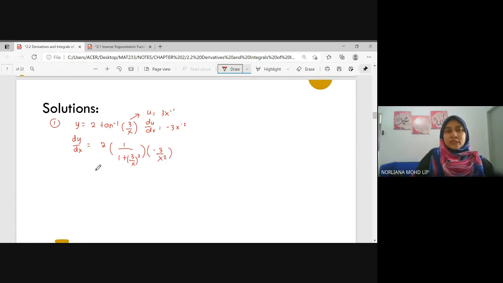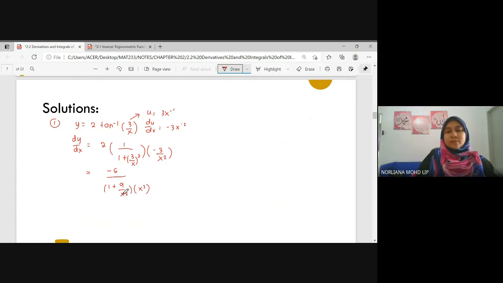Then we expand and simplify this answer. So we get negative 6 over, you have to expand, 1 plus 9 over x square, multiplied with x square.